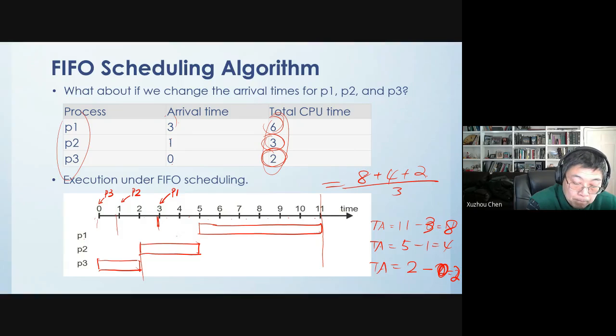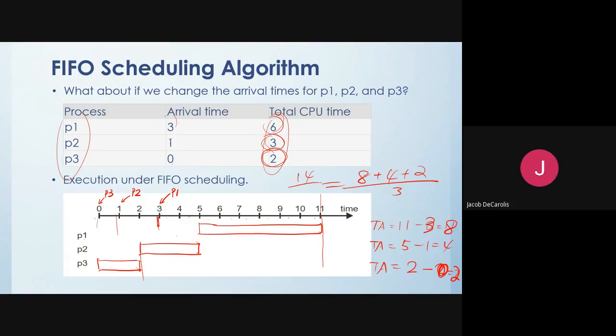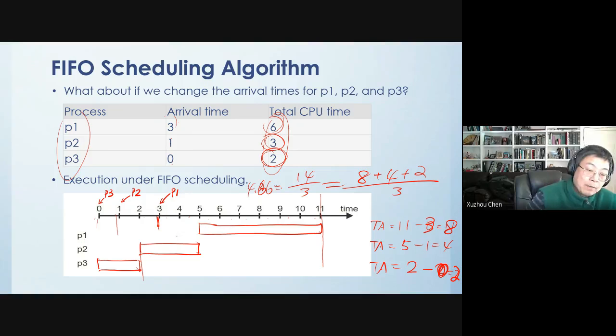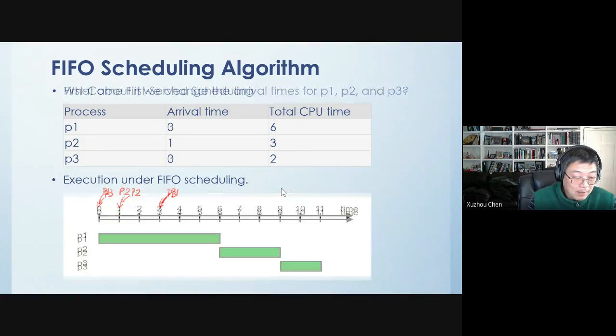So that's 4.67, 4.6 repeating. Okay, so definitely this is better than the previous case, right?